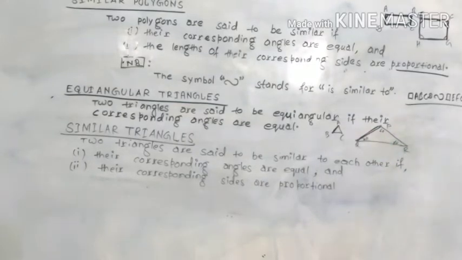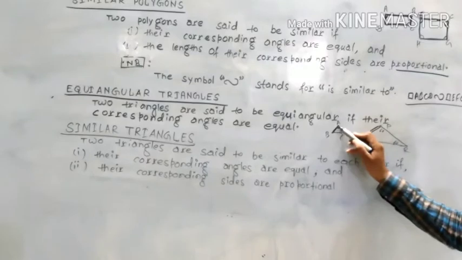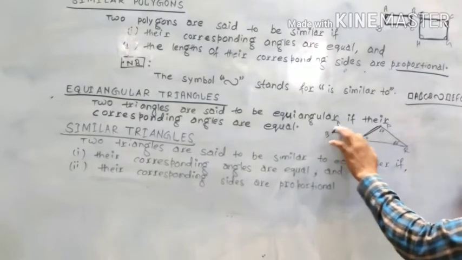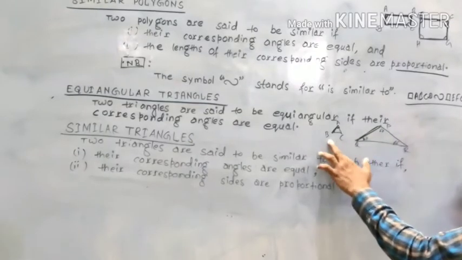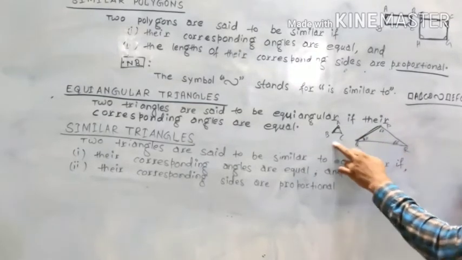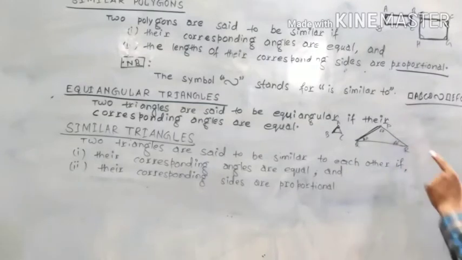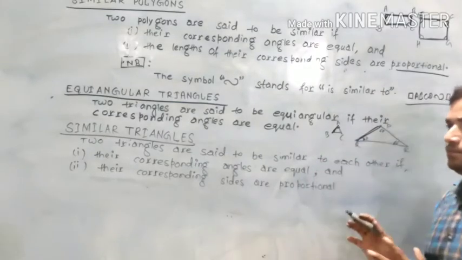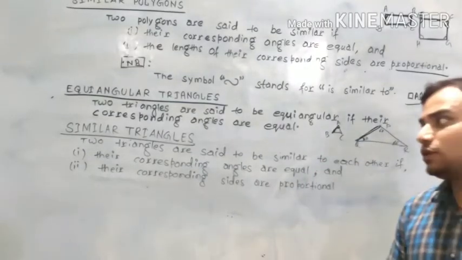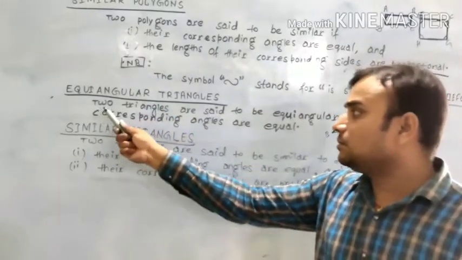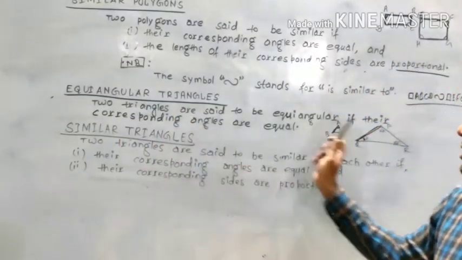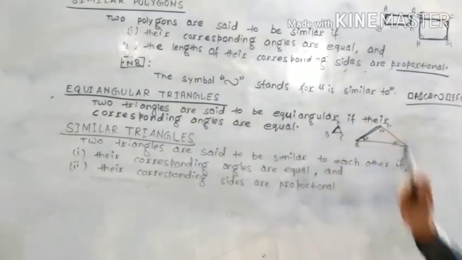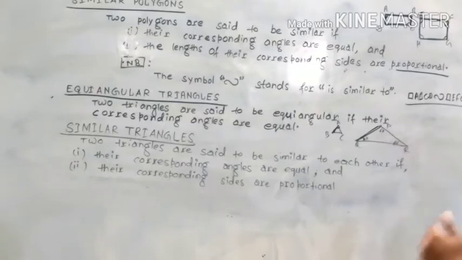Then in this condition, angles are equal to each other for respective or corresponding angles. That means angle A equals angle P equals 60 degrees, angle B equals angle Q equals 60 degrees, angle C equals angle R equals 60 degrees. This type of triangles is called equiangular triangles. Dear student, again attention, two triangles are said to be equiangular if their corresponding angles are equal.